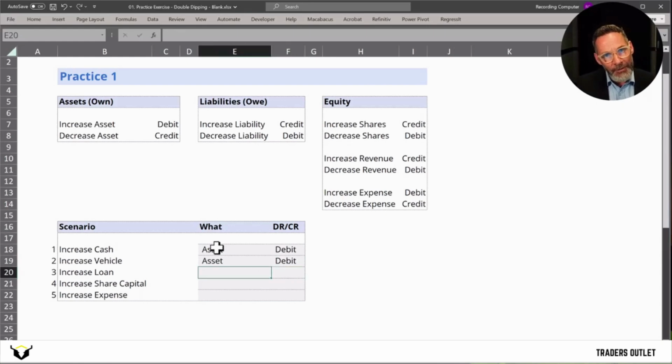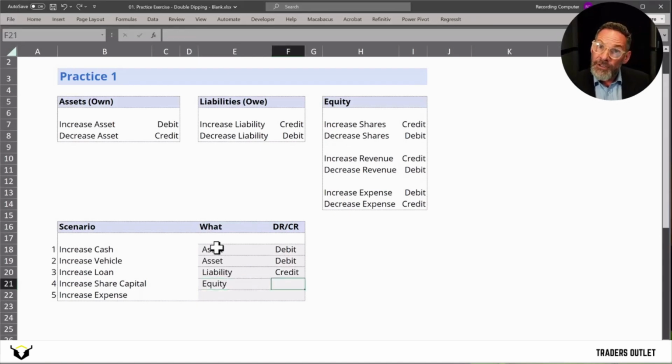Okay, let's go to the third one. Now we're increasing a loan. Now, a loan is something we owe, so it's a liability. So let's just capture that it's a liability. And when we're increasing a liability, we credit the liability. When we increase share capital, we know that's part of equity.